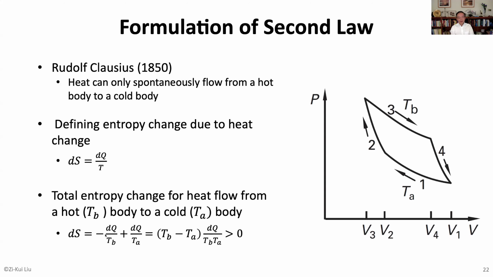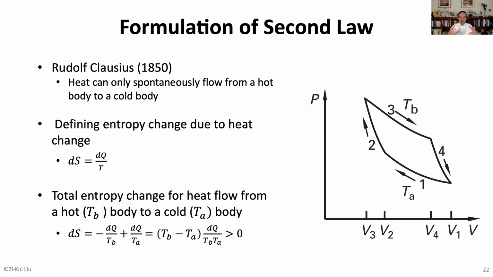And when the heat is put into the low temperature body, it's dq divided by Ta, as a positive, because the heat is getting into the cold body. Putting them together, because Tb is larger than Ta, the entropy change for that heat flow is positive.